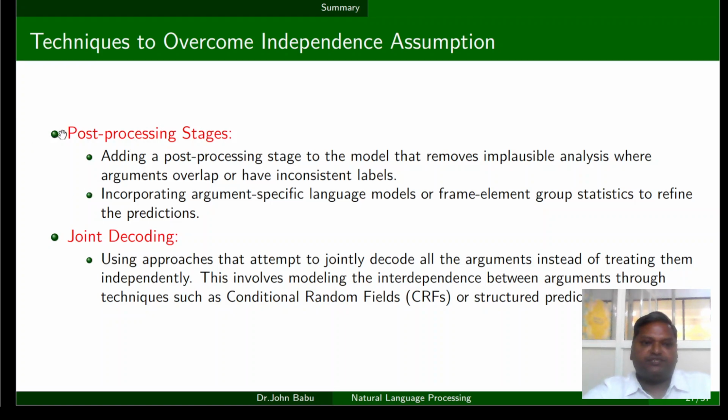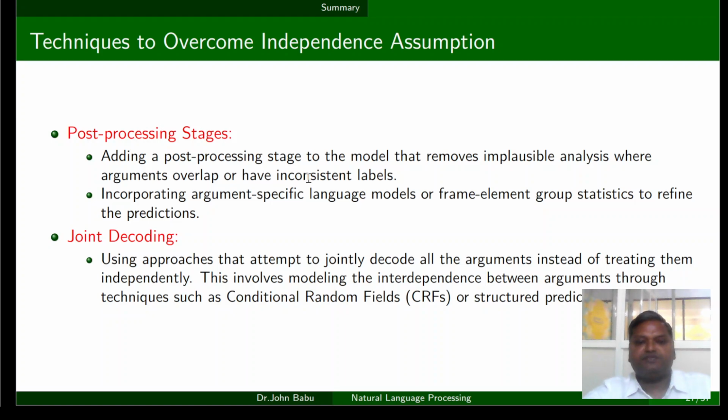Then the third technique to overcome the independence assumption is post-processing. If you remember, we also saw yesterday in the previous class that post-processing is used in the classification paradigm. So what is the post-processing stage? It will remove implausible, which are not possible, argument classifications.